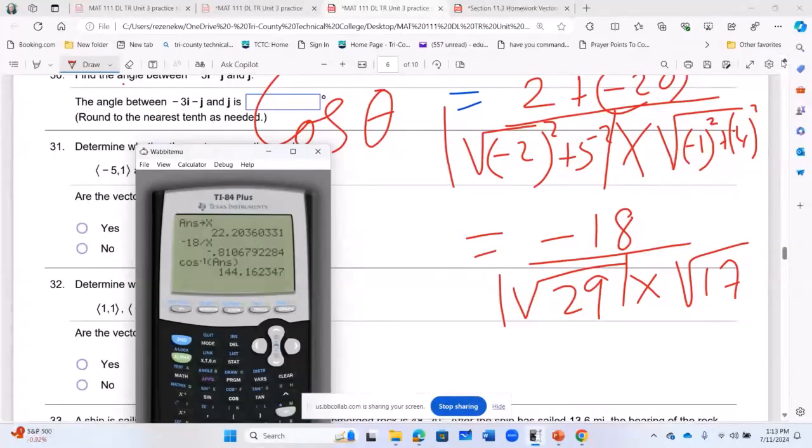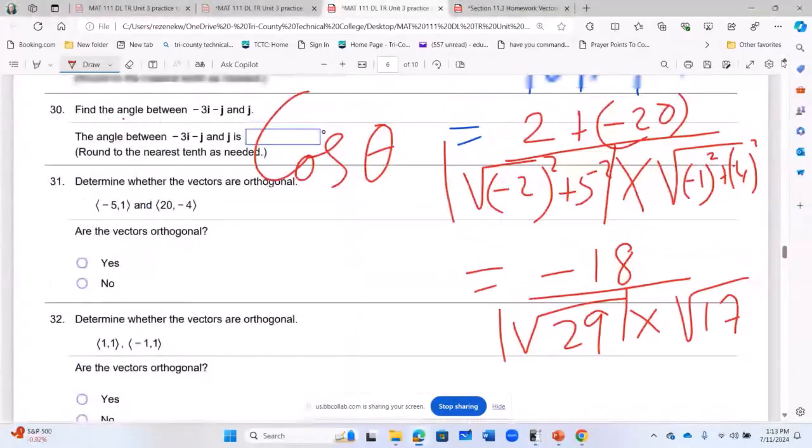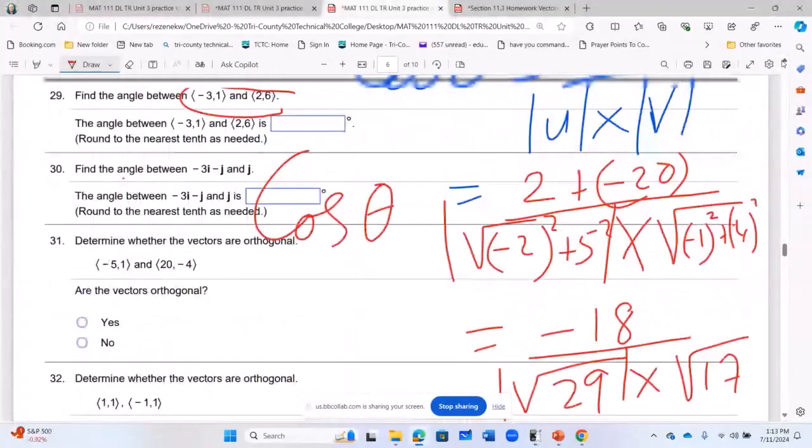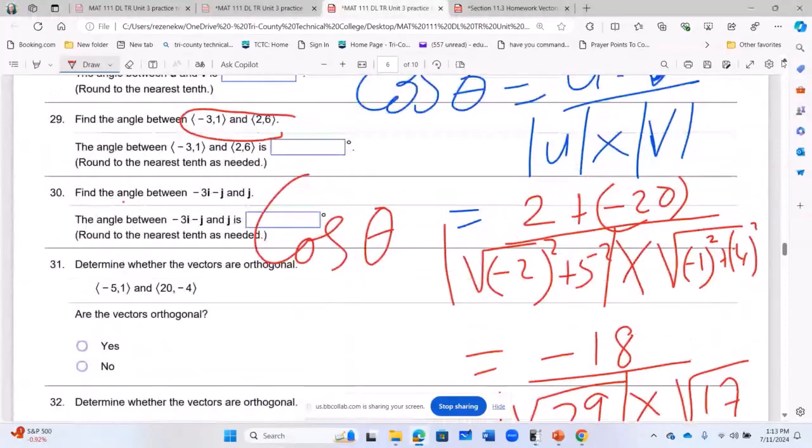One more on angle between two vectors. This formula is not in our formula sheet, so you want to make sure you know it before. Let's find the angle between the vectors in number 30.